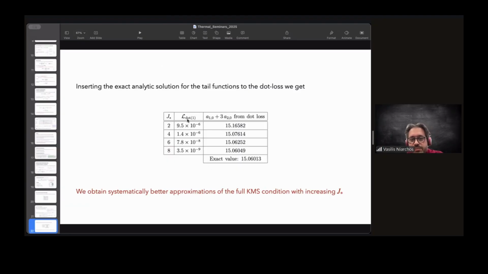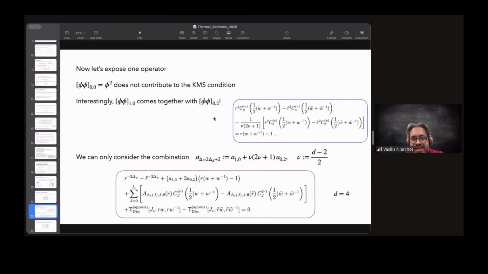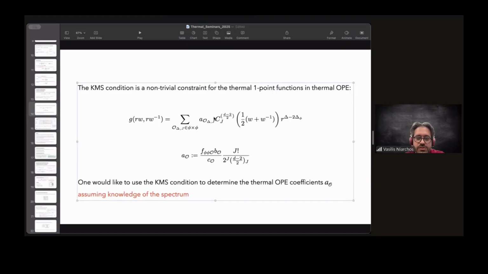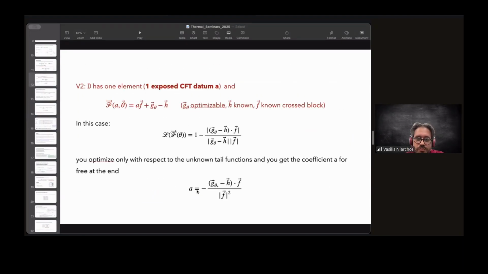And you see here, I'm using that loss again, J star for 2, 4, 6. You see the loss gradually goes to 0, to order 10 to the minus 9. And here you can see explicitly how I get the resulting A, from this formula here.